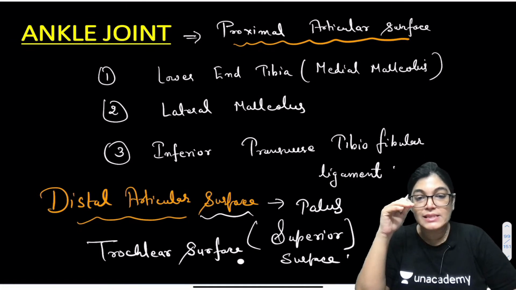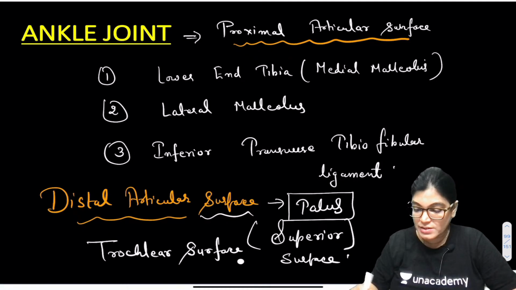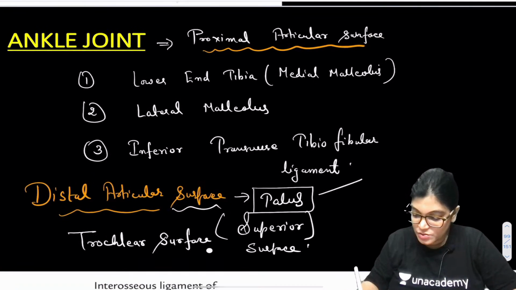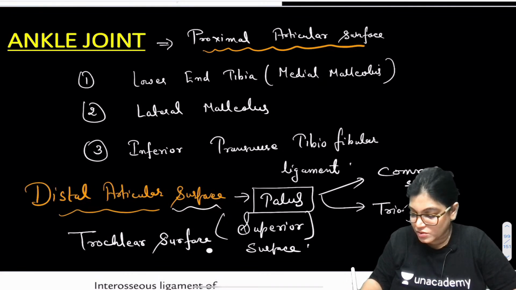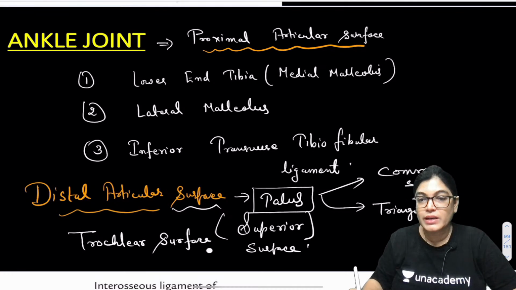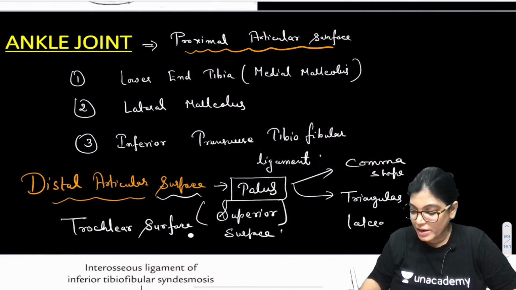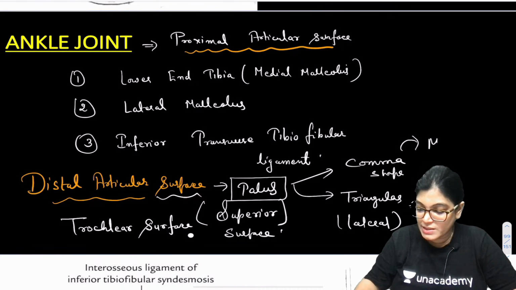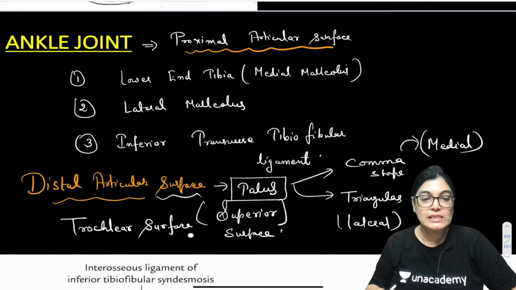And on either side of the talus bone, it has two articular areas: a comma-shaped articular area and a triangular articular area. The triangular articular area is lying laterally, and the comma shape is lying medially. So these are the articular areas of the distal articular surface, that is the talus.